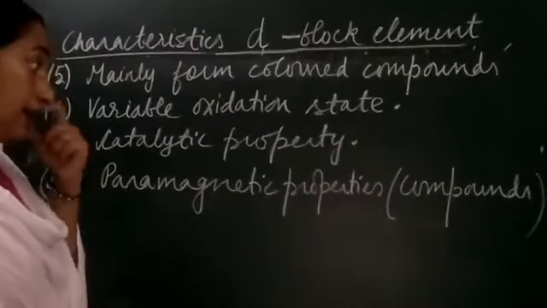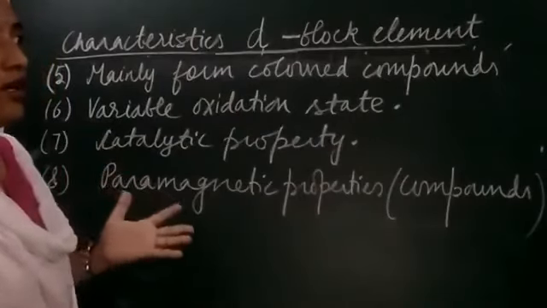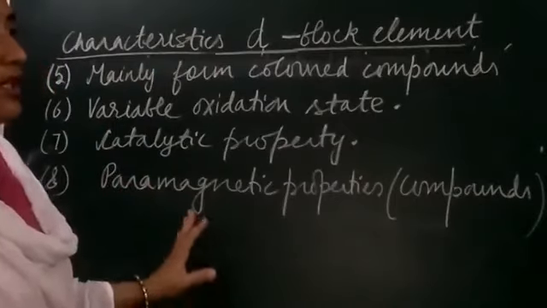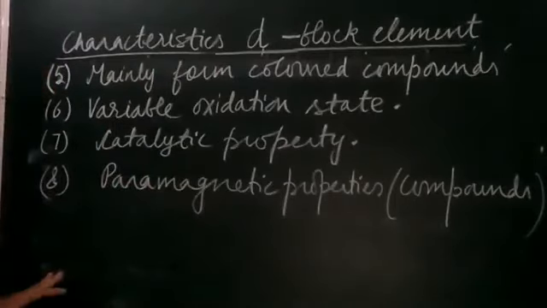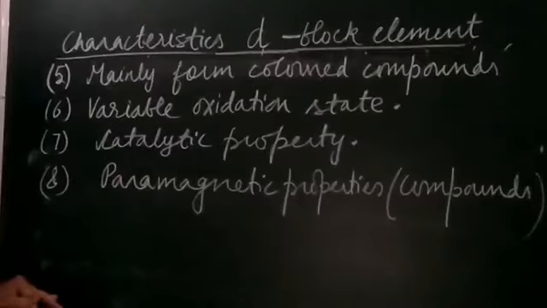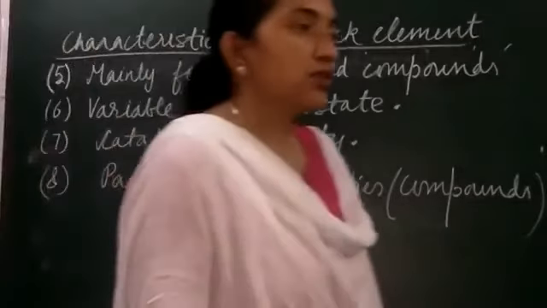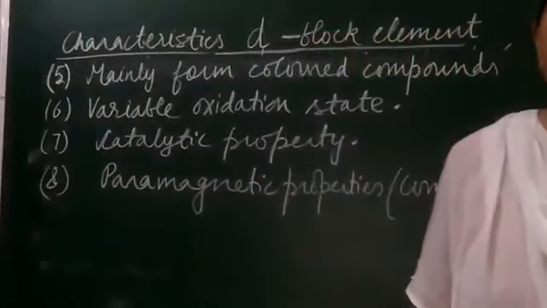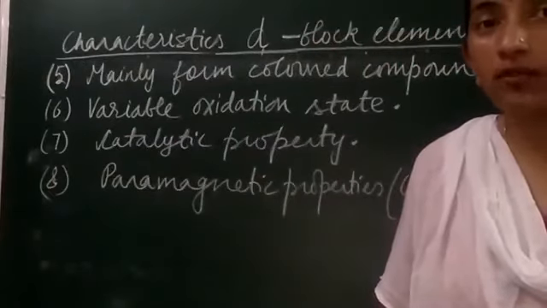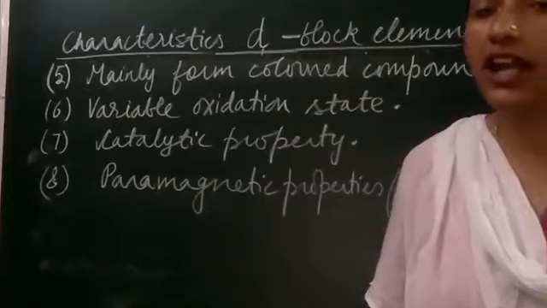It means that they will be attracted toward the external magnetic field. That means they have unpaired electrons. So these were the main properties or characteristics of d block elements. So students, just go through it and learn what the characteristics of s block, p block, and d block are. Right, now we are left with the f block elements.